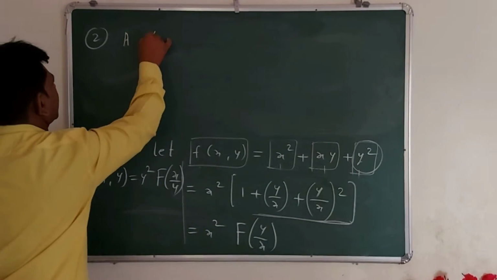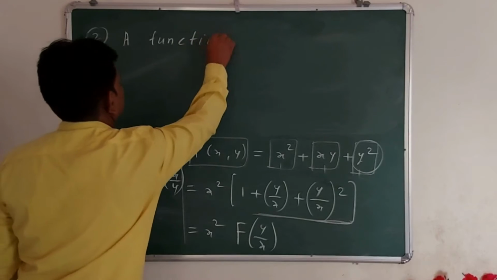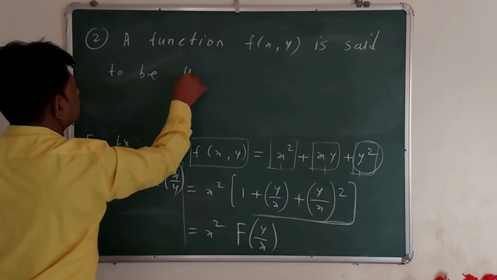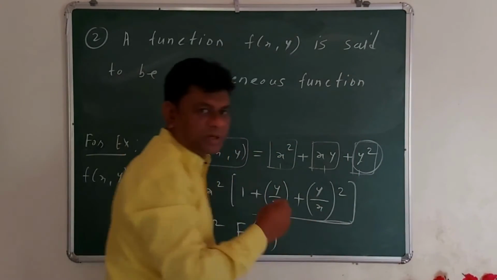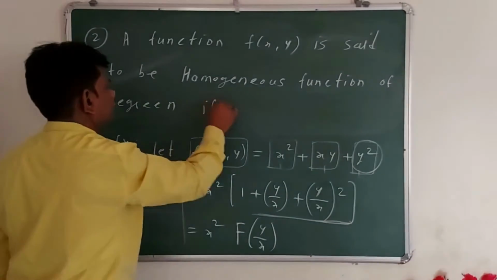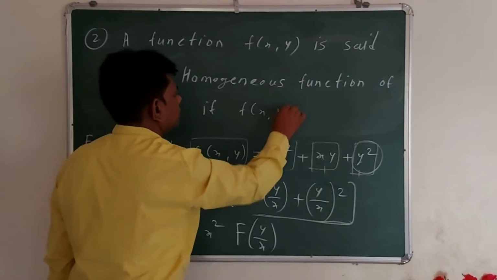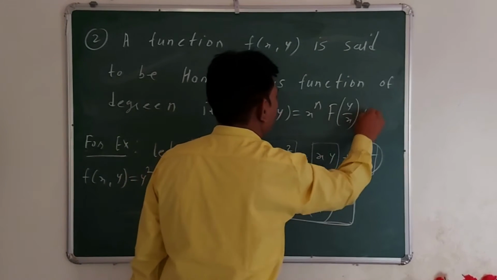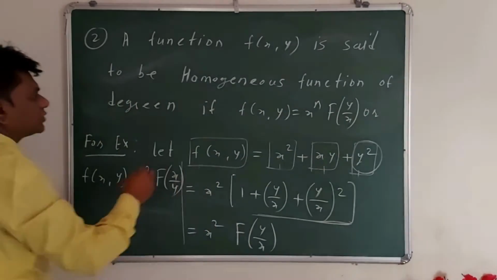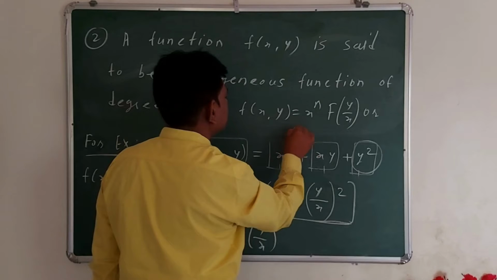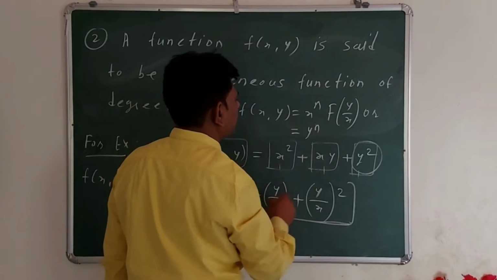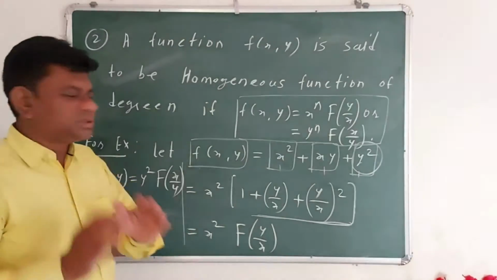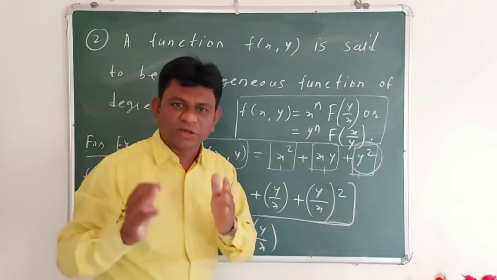A function f(x,y) is said to be a homogeneous function of degree n if f(x,y) is equal to x to the power n times f of y by x, or f(x,y) is equal to y to the power n times f of x by y. This is another definition of homogeneous function.